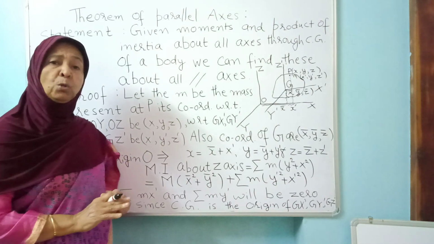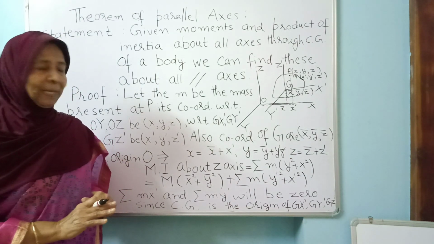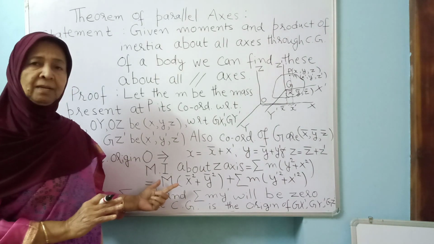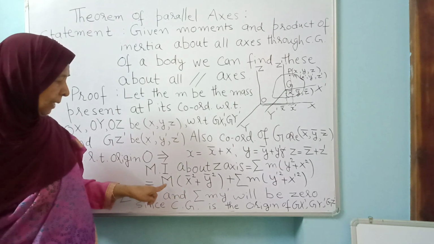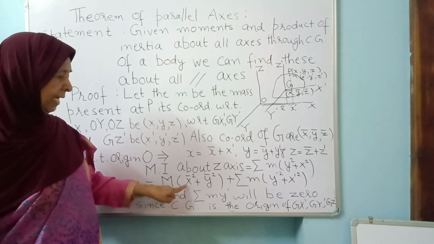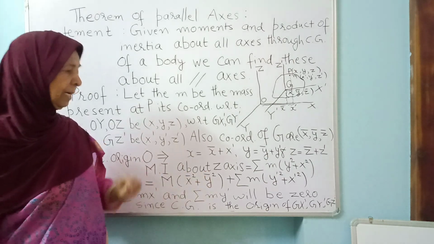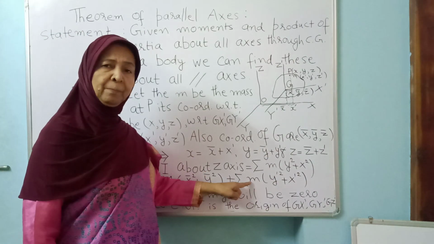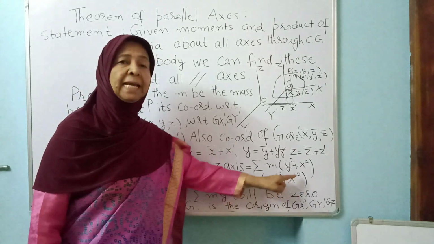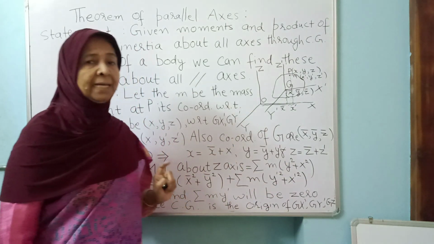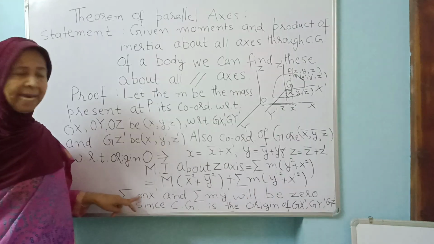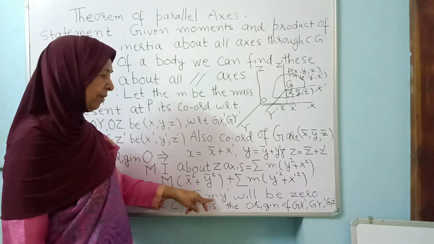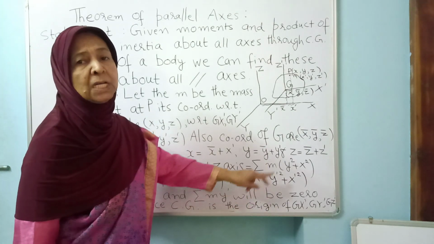So out of those 6 terms, 2 terms will vanish, and the rest of the terms will be equivalent to capital M times y bar square plus z bar square, plus the summation of m times y dash square plus z dash square, and the remaining terms will vanish. Why do they vanish? Because summation m y dash and summation m z dash will be 0.